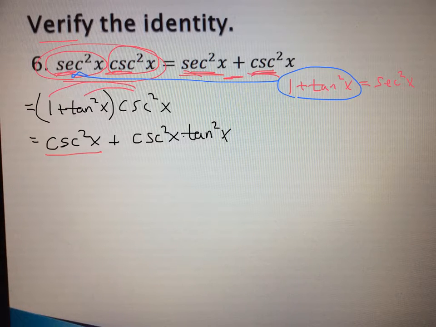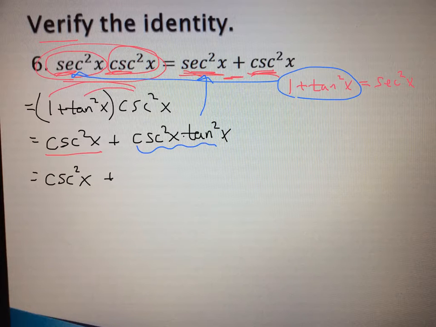And what I'm going to work on instead is this, and think about how I can get that into the secant squared. So what I'm going to do is express this in terms of sine and cosine. So I'm going to leave the cosecant squared of x alone, and I'm going to rewrite the second term in terms of sine and cosine.